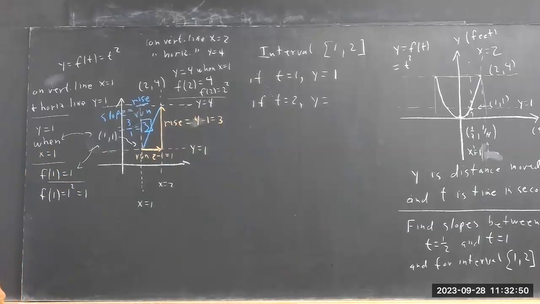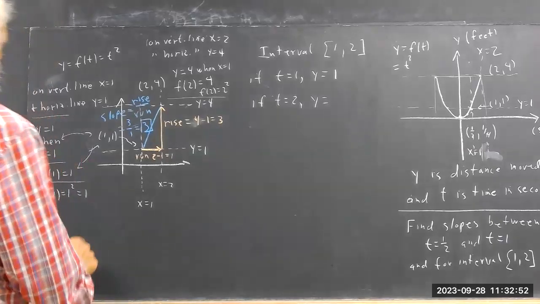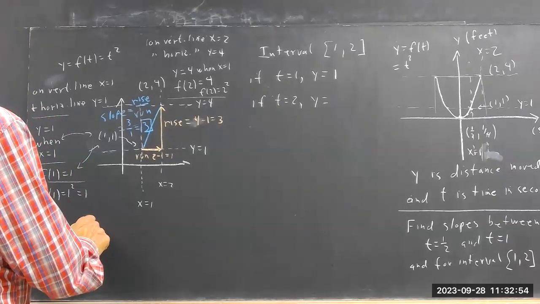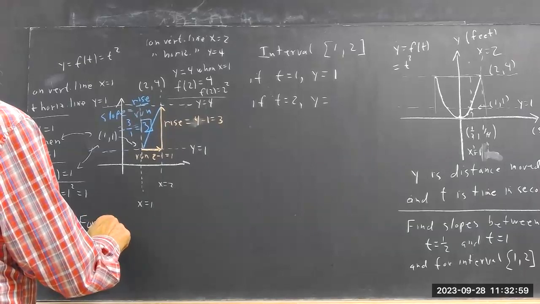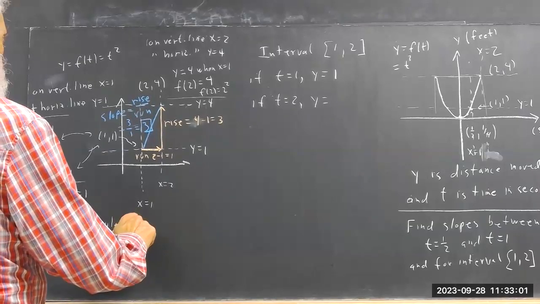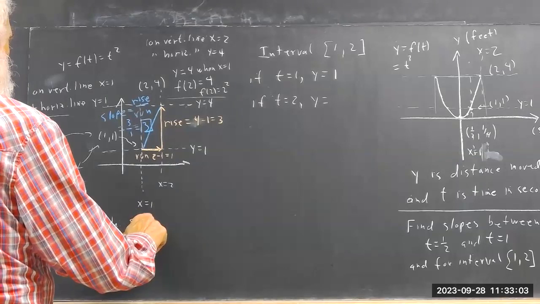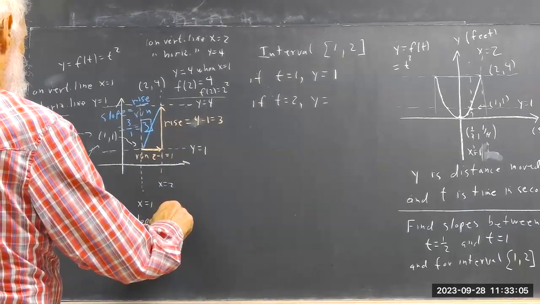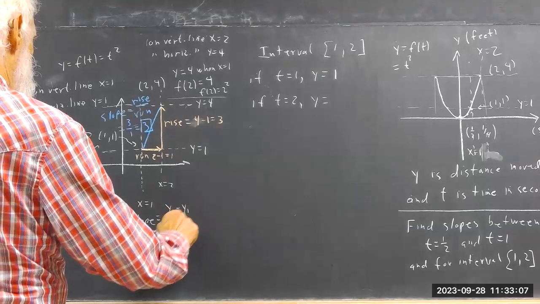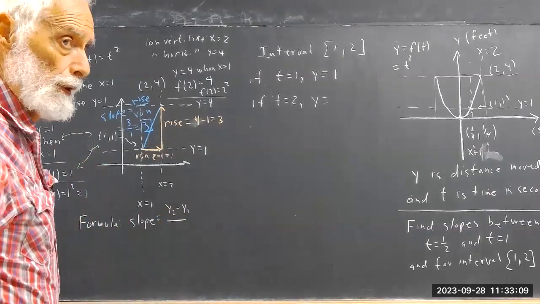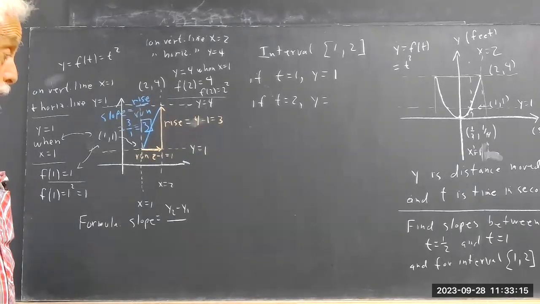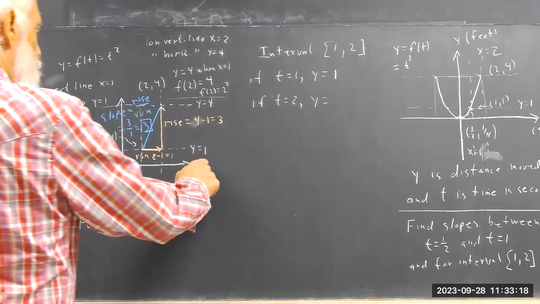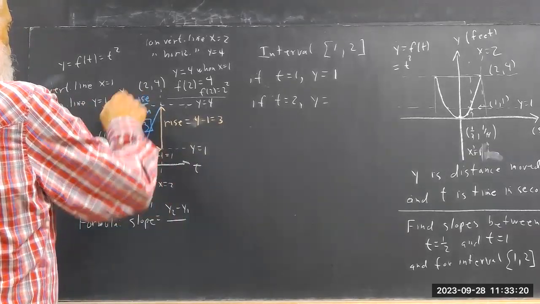Now, the definition, the formula. Now it's y2 minus y1 over x2 minus x1. That's a formula everybody remembers, at least for a short term and maybe for a long time. But now the variable here is t.